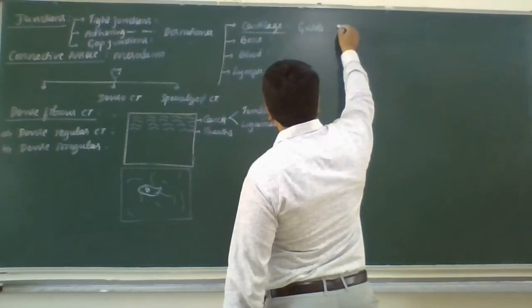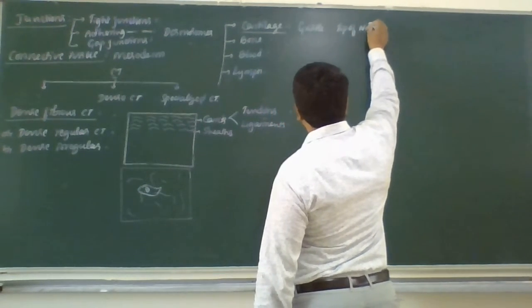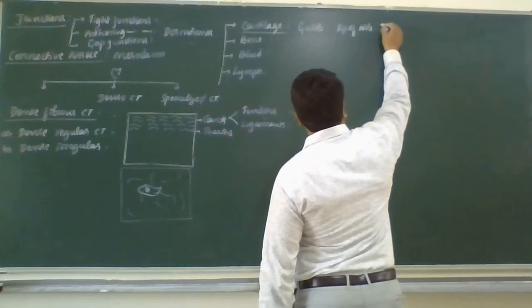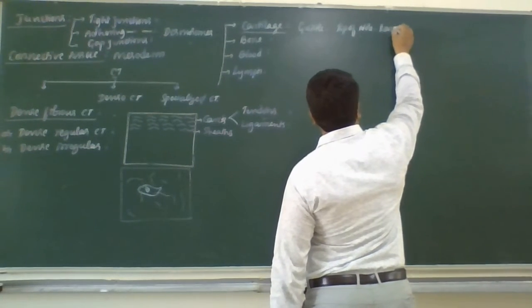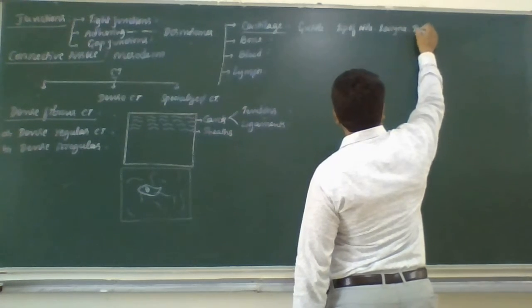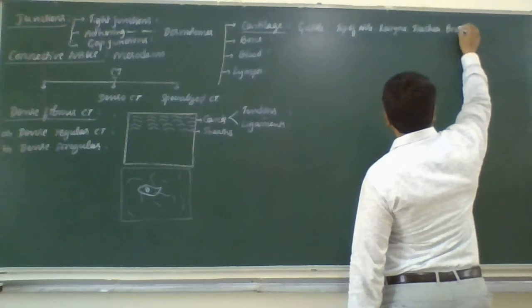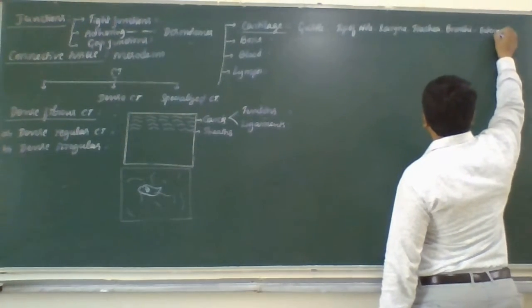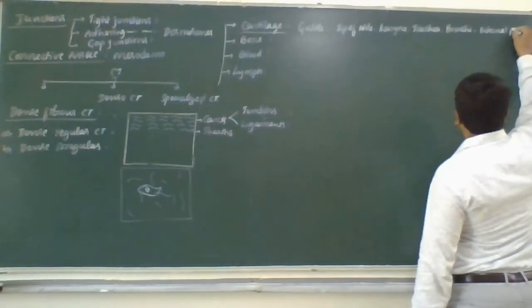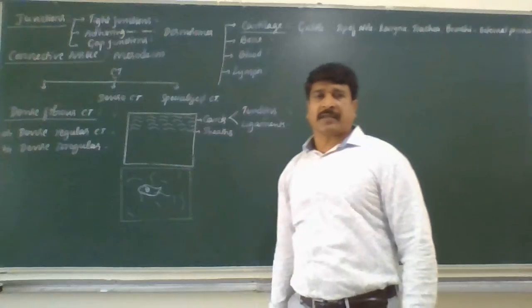In our body, cartilage is present in the tip of the nose, larynx, trachea, bronchi, and also in the external pinna. All these places you can find cartilage.